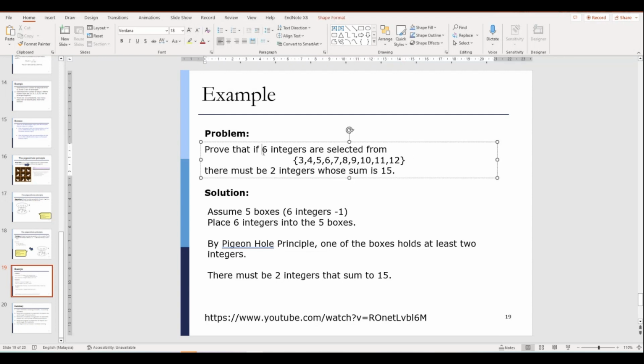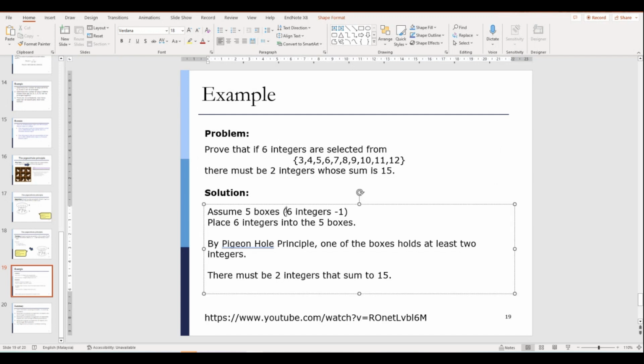We pick up the 6 integers, and we're going to squeeze the 6 integers into 5 boxes. When we squeeze the 6 integers into 5 boxes, definitely one of the boxes will have 2 integers. So by pigeonhole principle, one of the boxes holds at least 2 integers. There must be 2 integers that sum to 15.